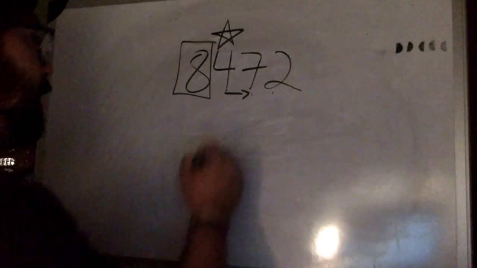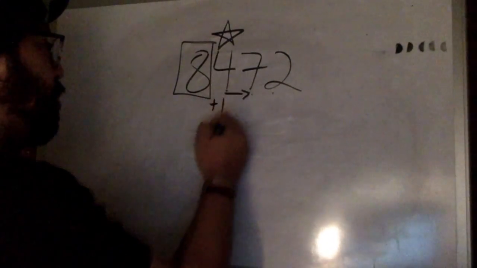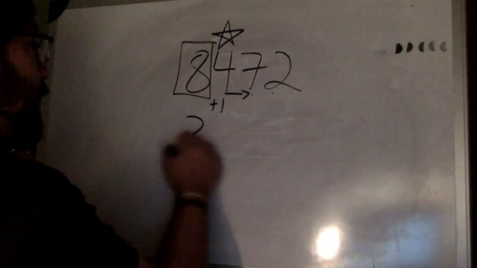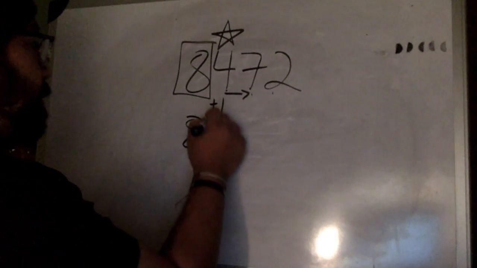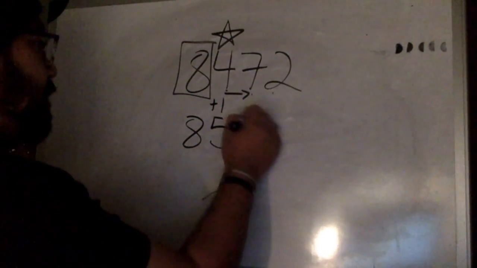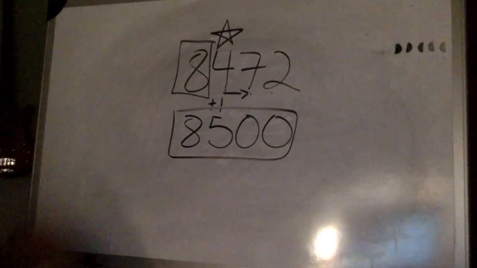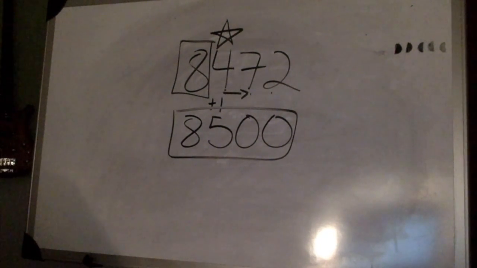She's a 5 and above. Therefore, Cinderella gains 1 point, and we do the rest. Royal family, 4 plus 1 is 5, and then her sisters turn into pumpkins. 8,472 to the nearest 100 would be 8,500. This is a lot of fun.